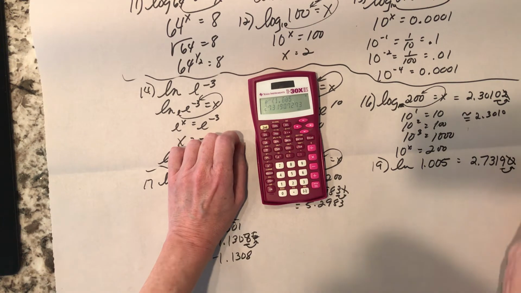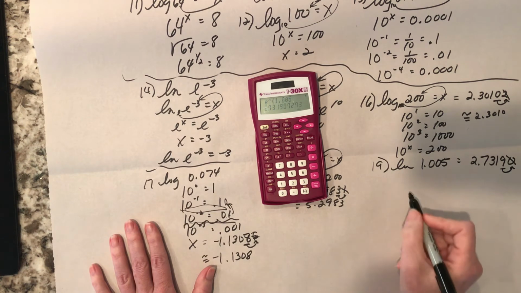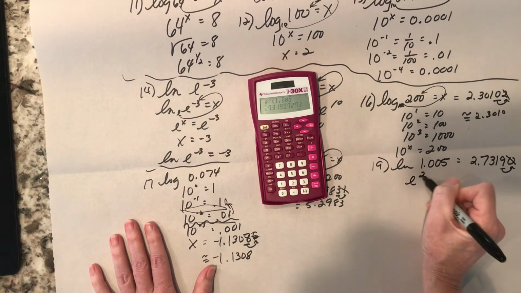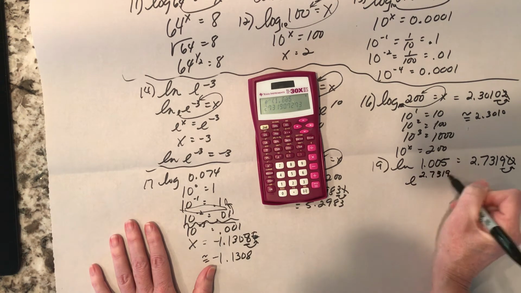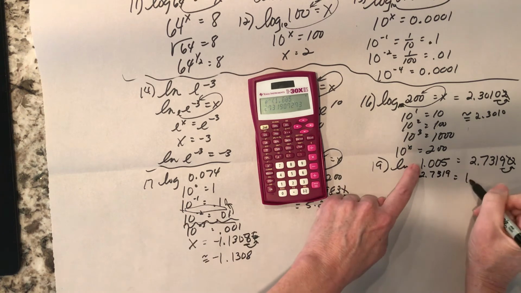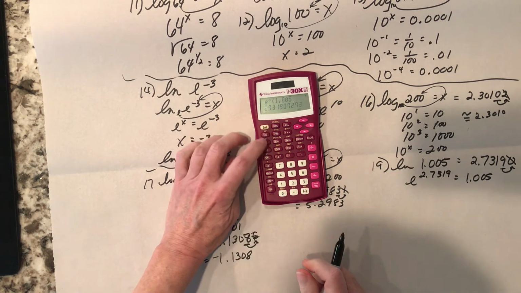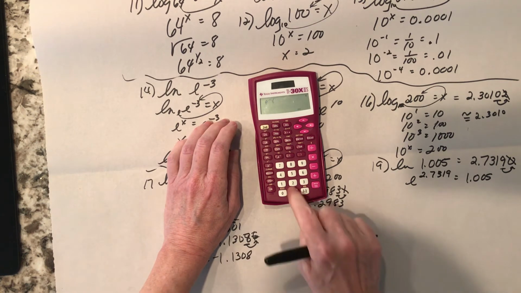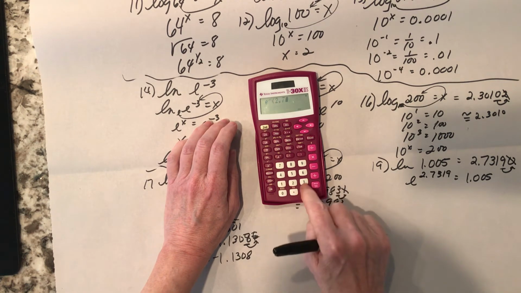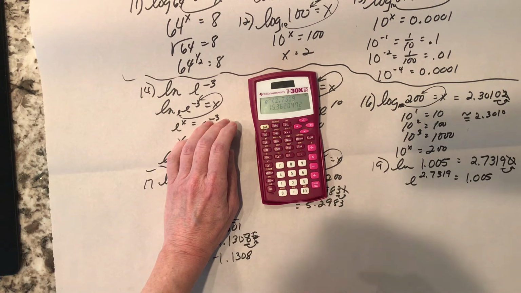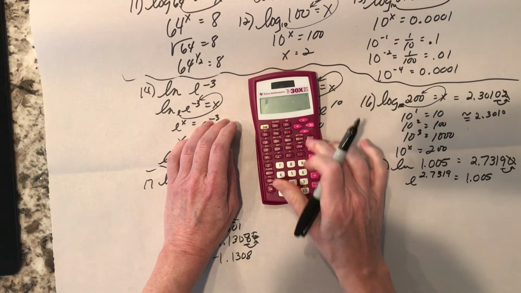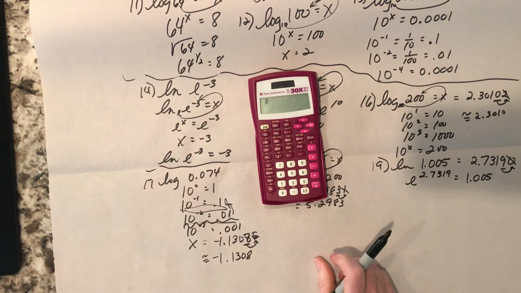Fourth digit, look to the fifth digit. So this is saying E raised to the 2.7319 ought to give us this. Let's see if that works. E raised to the 2.7319 gives us, okay, well I mucked that one up.